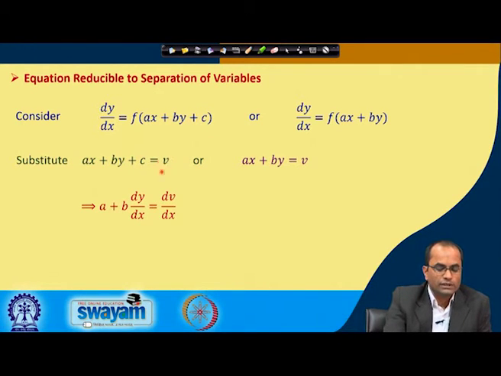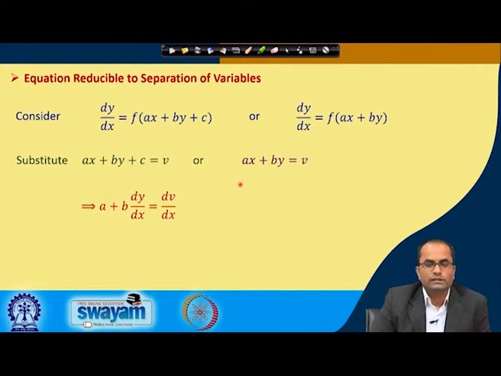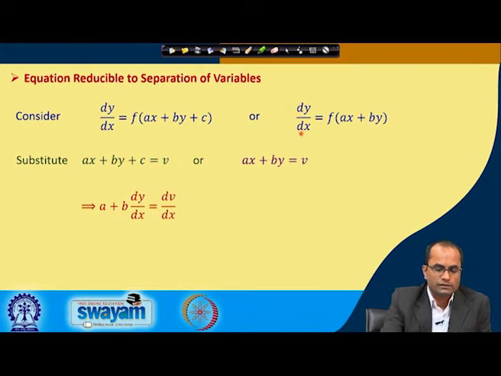This is equal to dv over dx, and we get the same expression when we differentiate ax plus by equal to v. So it does not matter whether we substitute for one form of the differential equation or the other. In either case, the derivative of the new variable v with respect to x will be a plus b dy over dx.